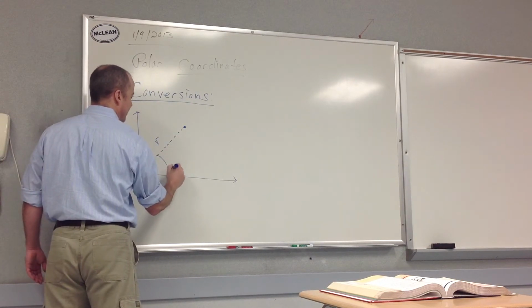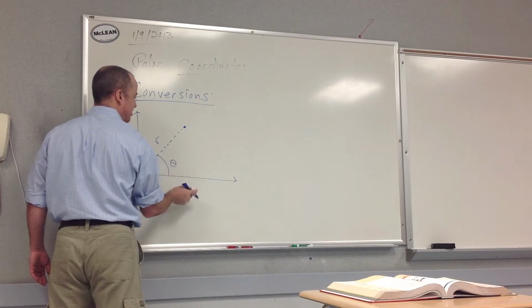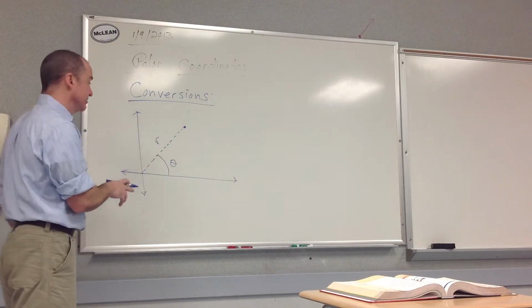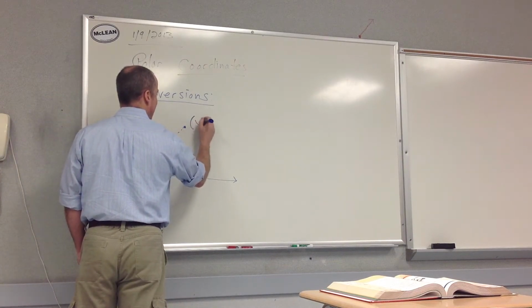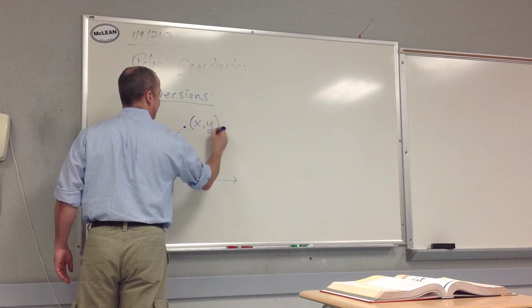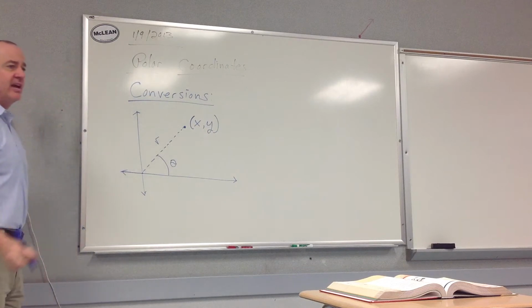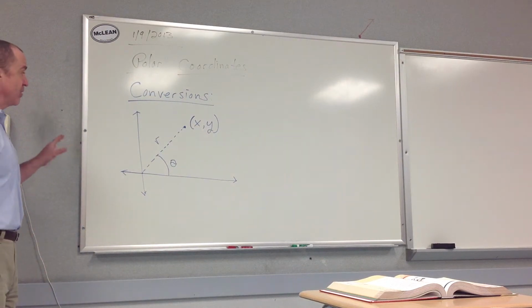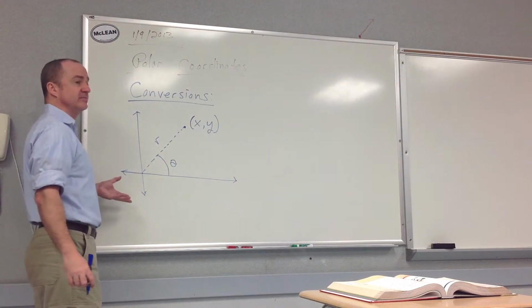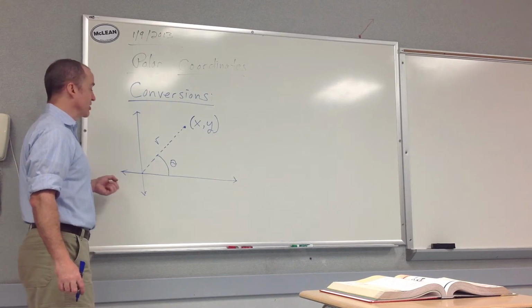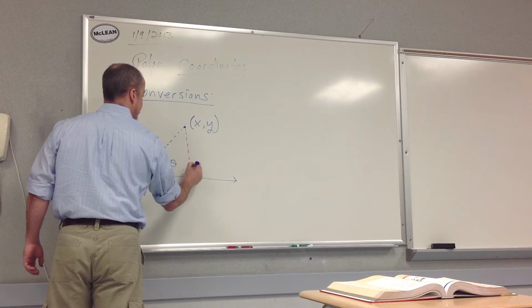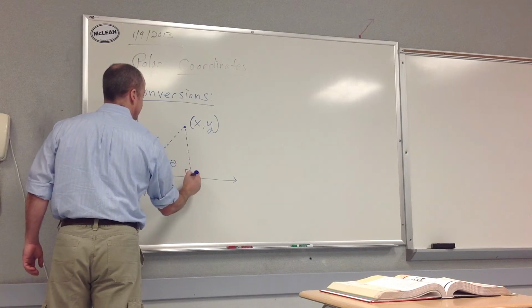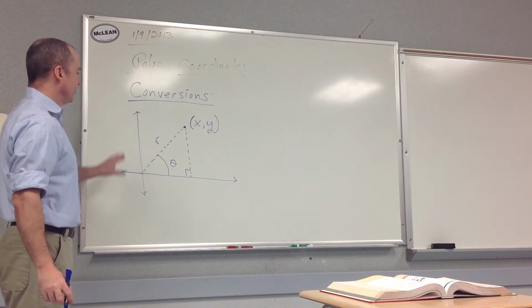It will have a standard angle from the positive x-axis, which we've now been calling the polar axis. And if we go back to rectangular coordinates, it will also have an xy coordinate. When I first introduced these, I went through some of the relationships that these have. We're going to expand on those a little bit and ask you to do some conversions now.